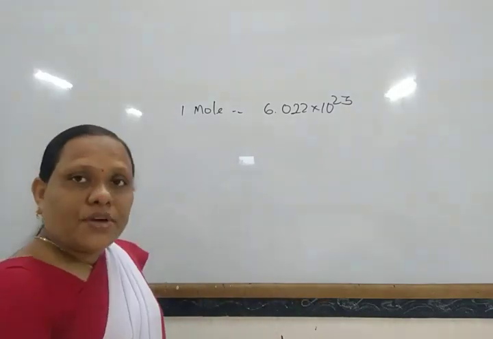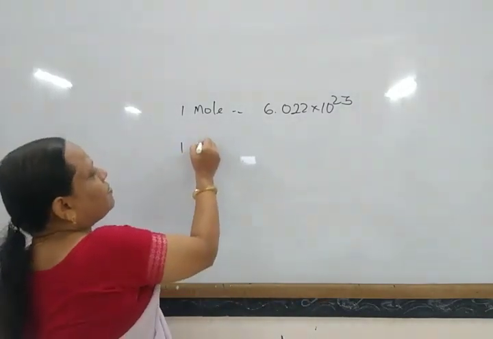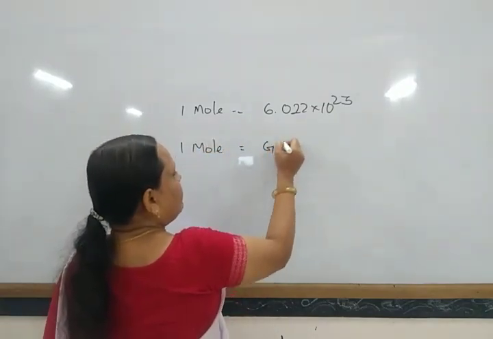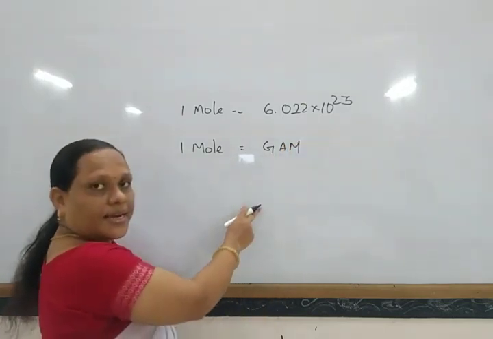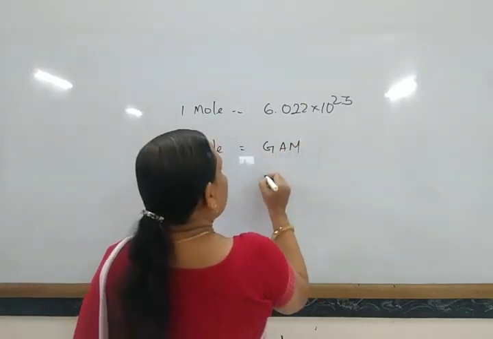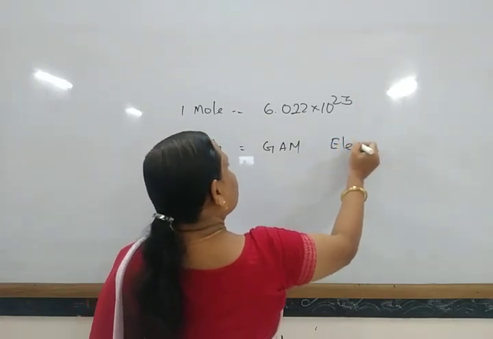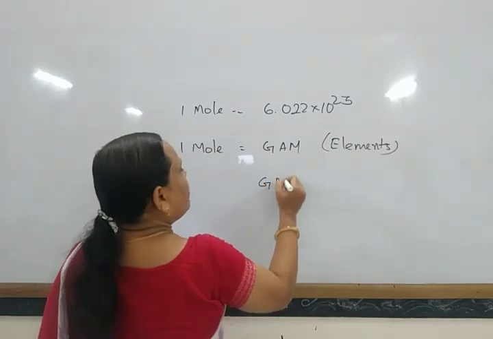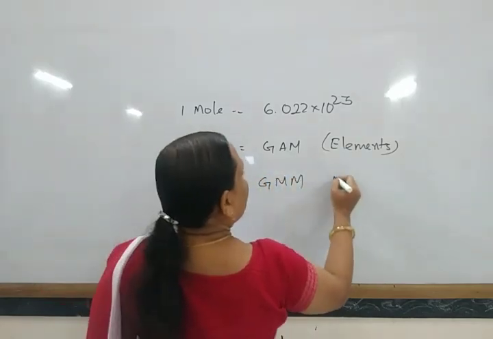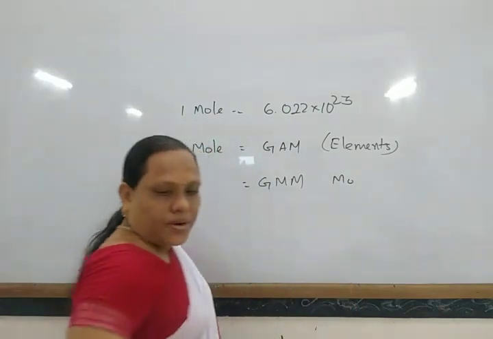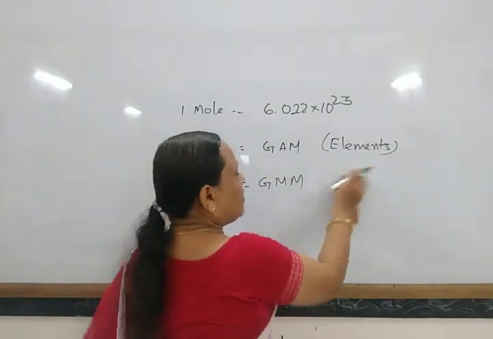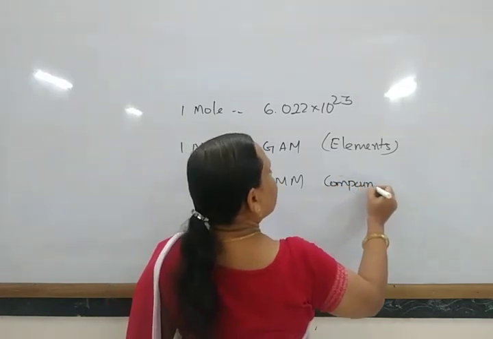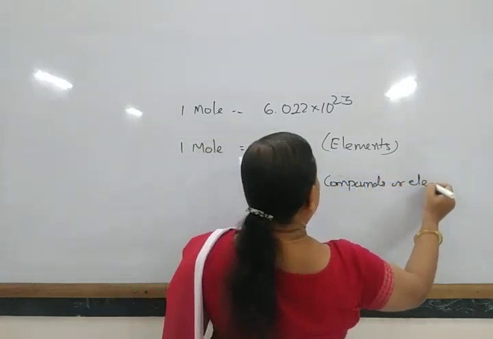And in terms of mass, 1 mole is equal to gram atomic mass for elements, and gram molecular mass for molecules or compounds.